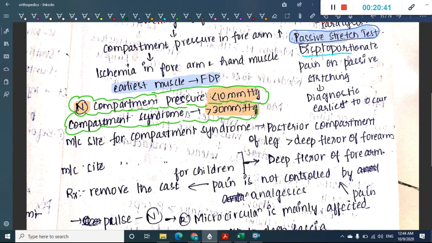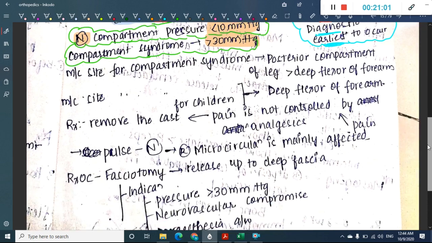Disproportionate or exaggerated pain is seen on passive stretching. Actually, this is diagnostic and the earliest to occur. Among all the other signs, this is the earliest sign to occur. So this passive stretch test is very, very important. You should remember this for sure.